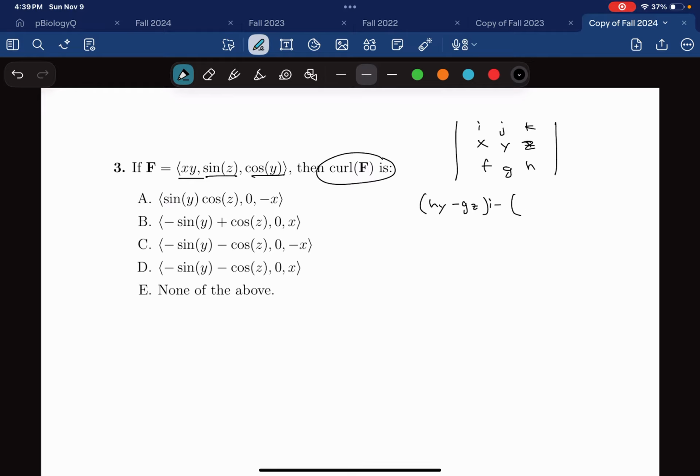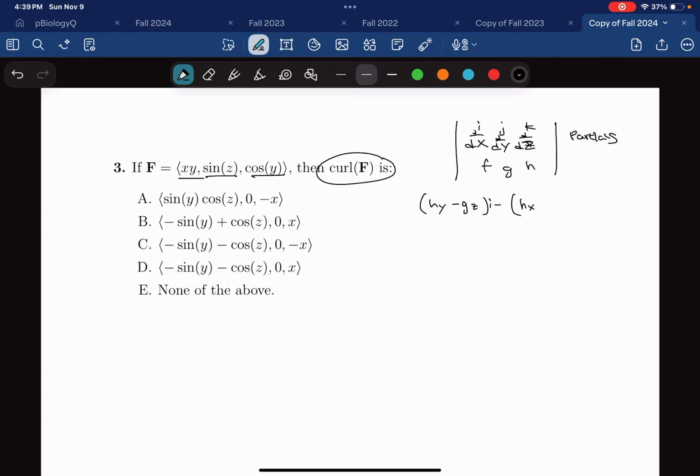So I guess if you were really doing it, it would be d over dx, d over dy, d over dz. So it would be the partials. But I write it out like this just because that's how I remembered it. But if you want to do it like the more formal way, then go right ahead.